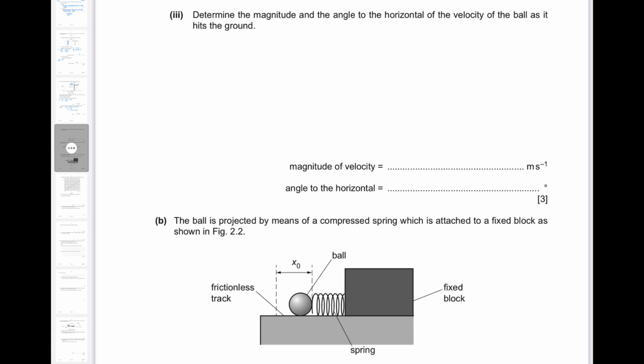A3. Determine the magnitude and the angle to the horizontal of the velocity of the ball as it hits the ground. So velocity over here is the resultant vector of the vertical velocity and also the horizontal velocity, and this would result in the vector which we are concerned with.